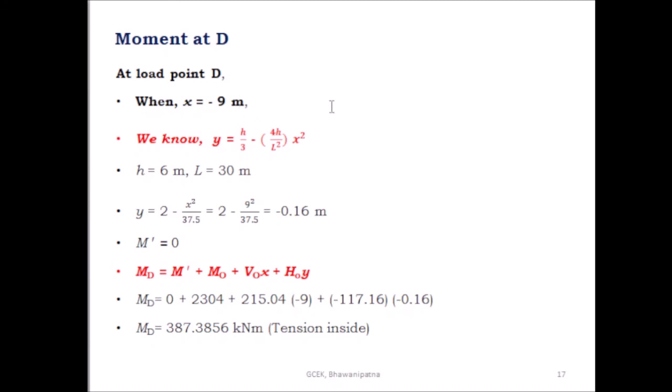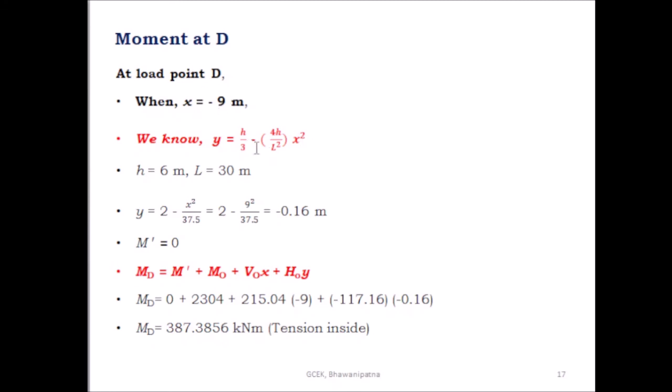But here you have to find out the y coordinate. By using this equation you can find out the y coordinate. So y is equal to h by 3 minus 4h by l square into x square. Here you know the rise of the arch is 6 meter and the length of the arch is 30 meter and x is equal to minus 9 meter.